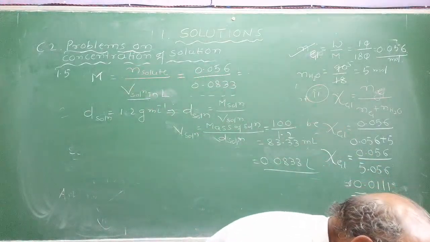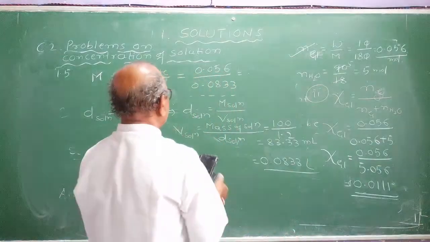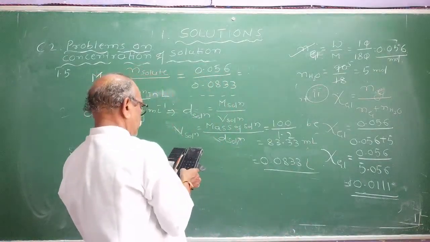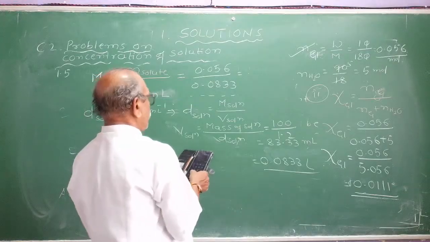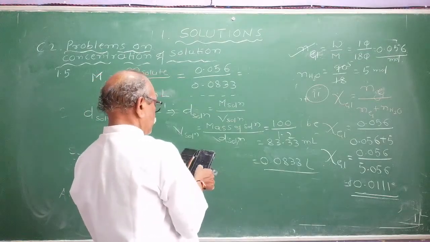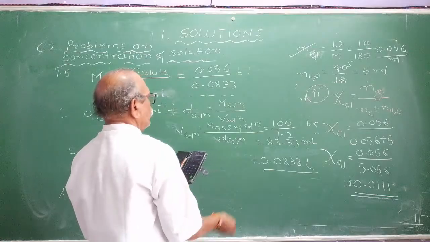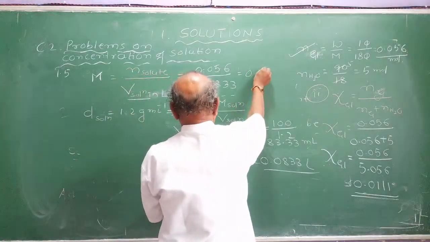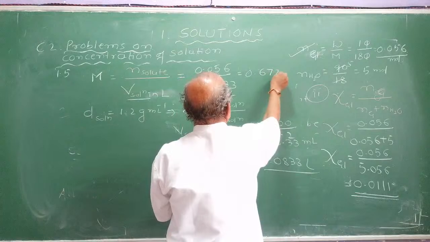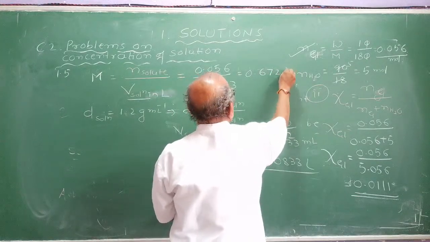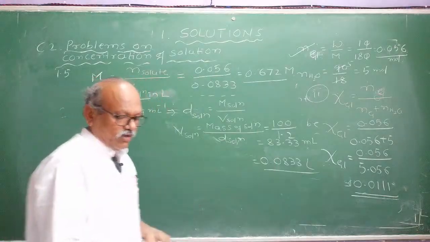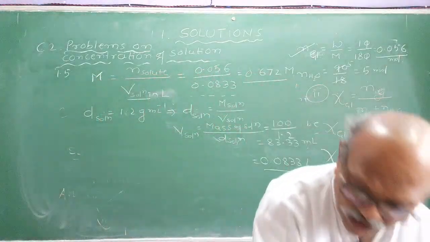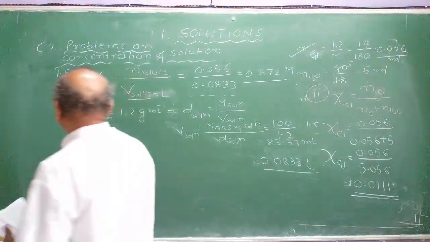Divide using a simple calculator: 0.056 divided by 0.0833, you will get 0.672 molar is the answer. Thus, we got all three, that is molarity and mole fraction.